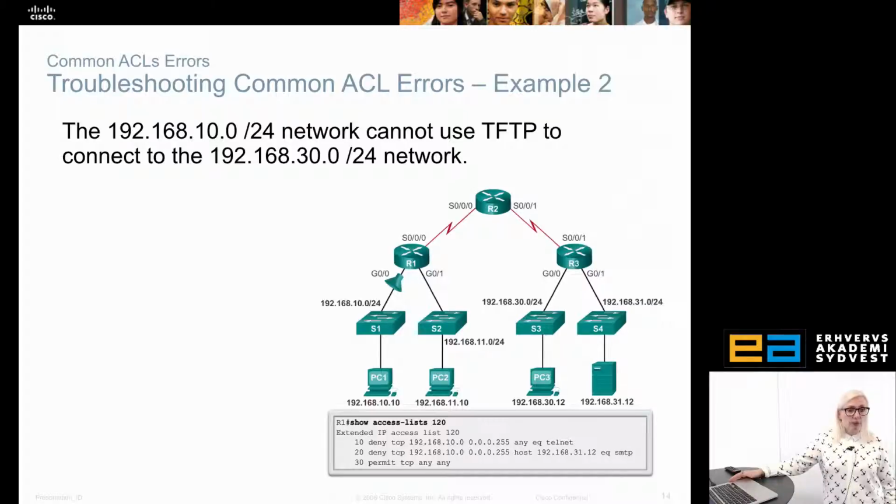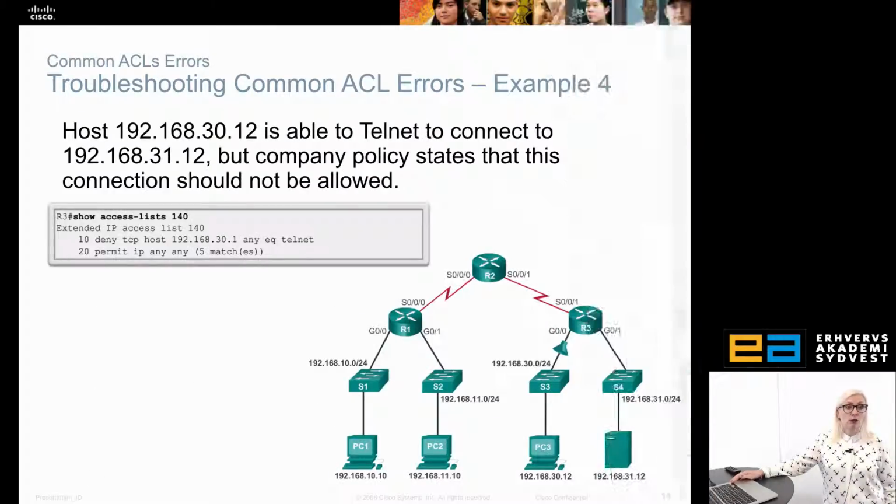And we have also denied traffic to a specific host. And then we have said permit TCP any. The reason why we cannot do TFTP here is because TFTP uses UDP instead of TCP. So this will block everything using UDP. If I wanted to allow everything else, I should have said permit IP any, for instance.